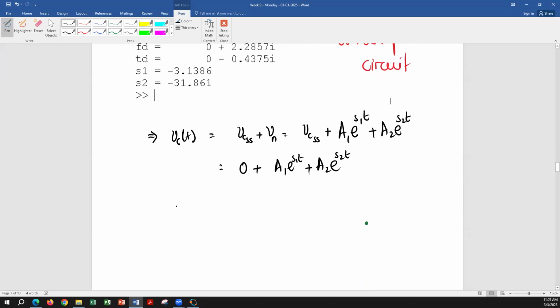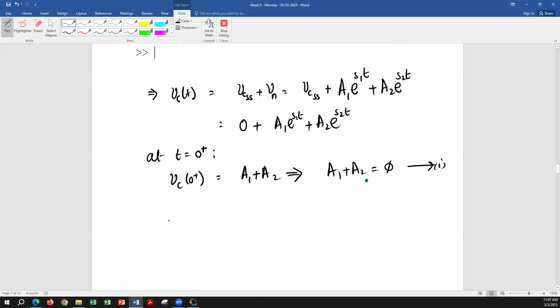Okay, guys, how are we going to find A1 and A2? At t equal to 0 negative or 0 positive, A1 plus A2, and we see 0 positive is 0 because 0 negative is 0. So A1 plus A2 is equal to 0, which is our equation number 1.